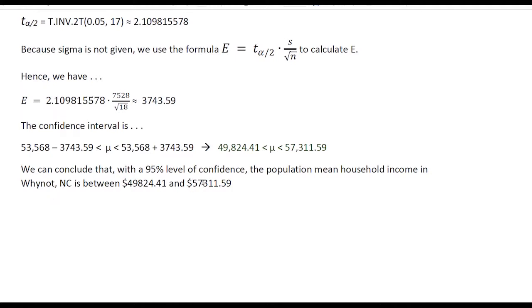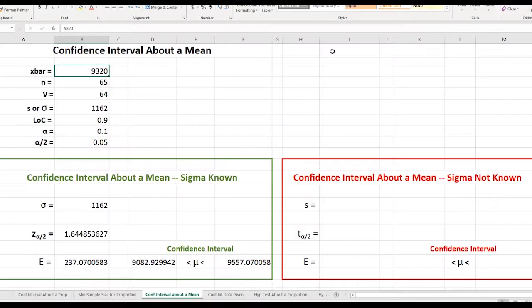Let's go to spreadsheet mode and see how we would pop that in on a spreadsheet. Let's put these numbers in. We have 53,568 for my X bar. N was only 18. It'll automatically populate nu.